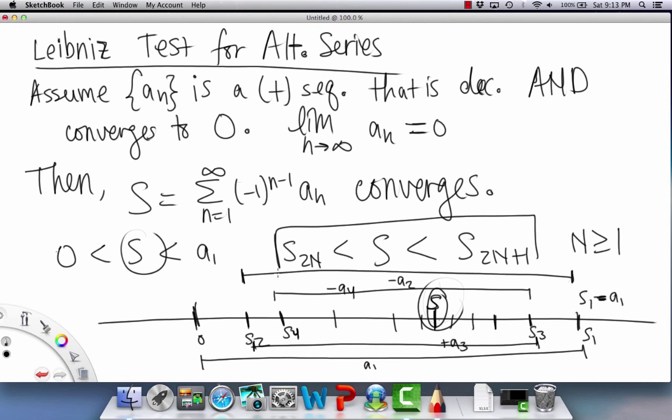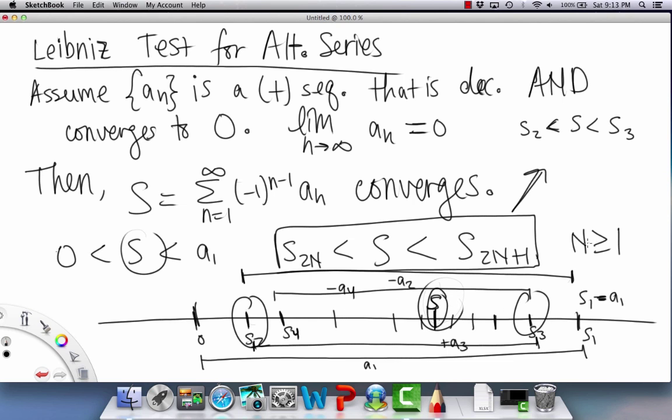For n greater than or equal to 1, let's plug in 1 for n. Then S sub 2 is less than S sub 3, right? 2 times 1 plus 1 is 3. So the infinite sum, what I've circled, is between the second and third partial sums, and this is in fact in between.